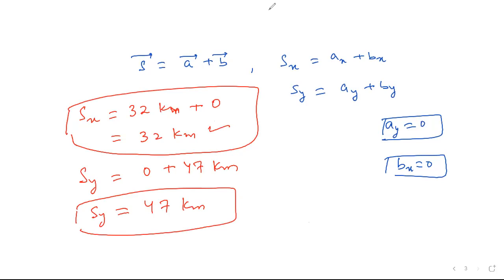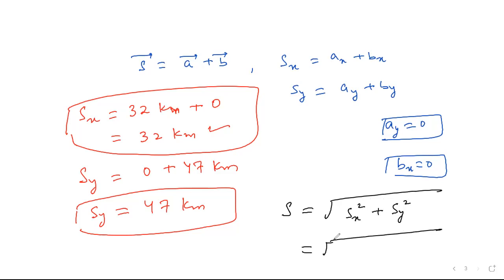Let me use another color. So the magnitude of S is simply square root of Sx square plus Sy square with the values 32 kilometer square plus 47 kilometer square.